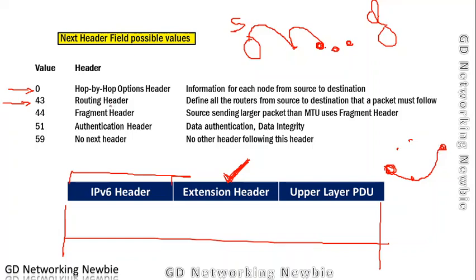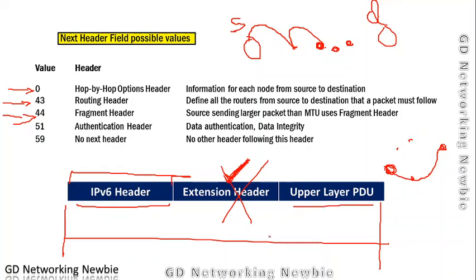That information can be provided in the routing extension header. In the same way, for fragmentation we can have another extension header known as the fragment header, and we can have the authentication header that is used for data authentication or data integrity. We can also have no next header. It means we will not have any extension header, only the standard IPv6 header and the upper layer data or PDU.